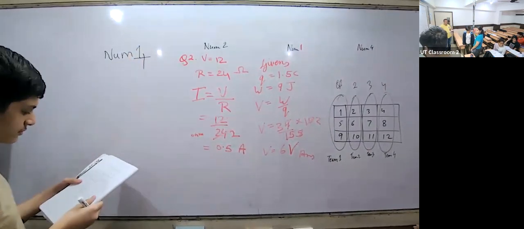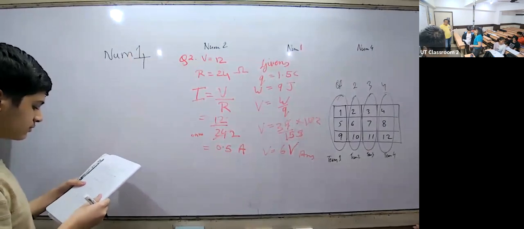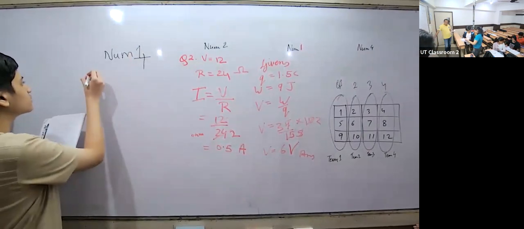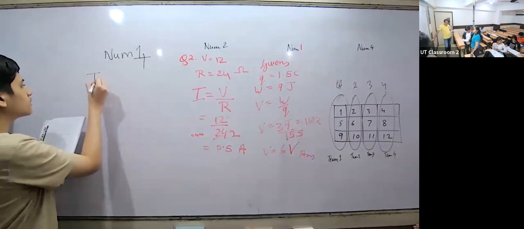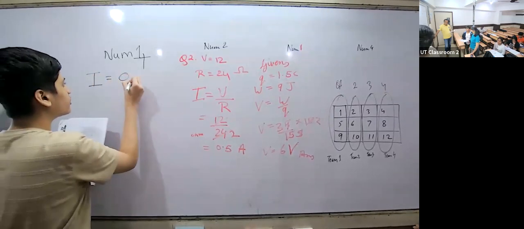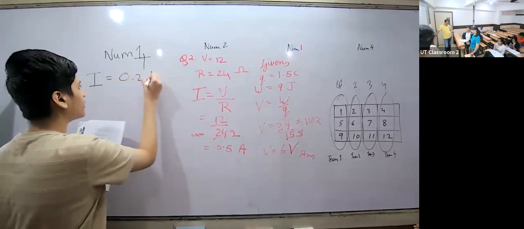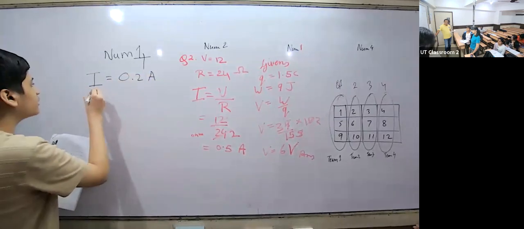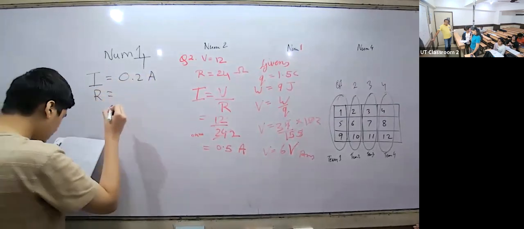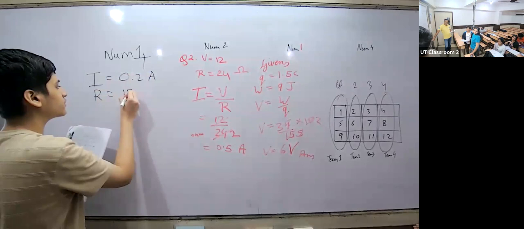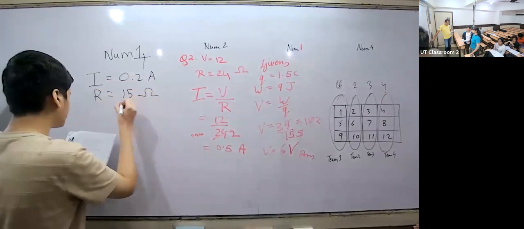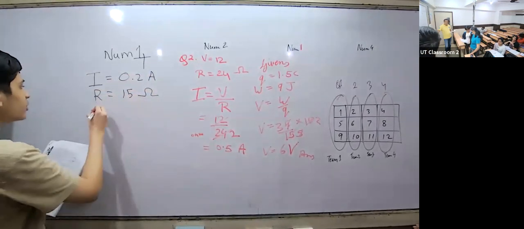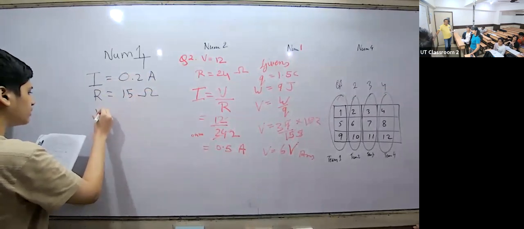So what is given? First write the given data. Current is equal to 0.2 ampere. Write down. I is equal to 0.2 ampere. Then what is given? R is equal to 15 ohm. Then what do you find? The potential difference. Potential difference will be equal to what?